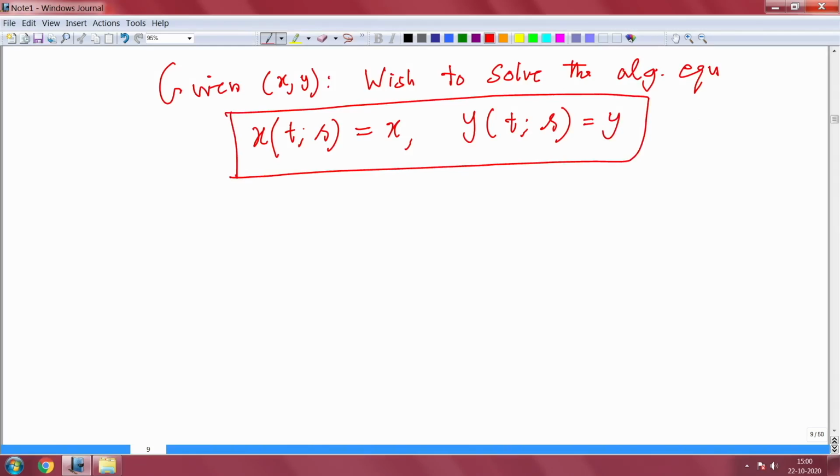So you have two equations in two unknowns, and you want to invert it; you use the inverse function theorem.